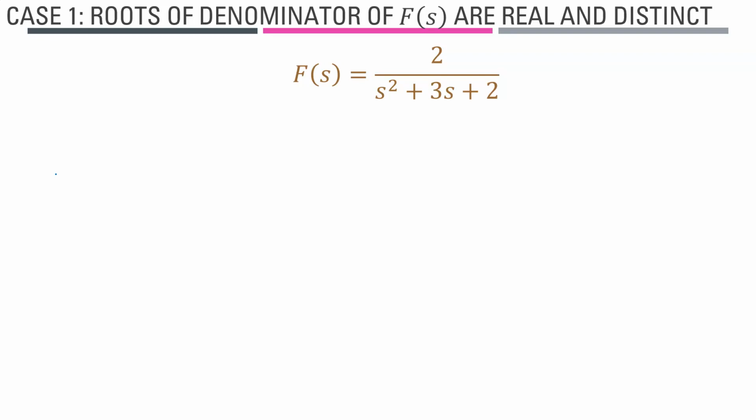For example, let's say you are given a signal like this, F of s equals 2 over s squared plus 3s plus 2. If I modify this signal, I can get F of s equals 2 over s plus 1 times s plus 2.